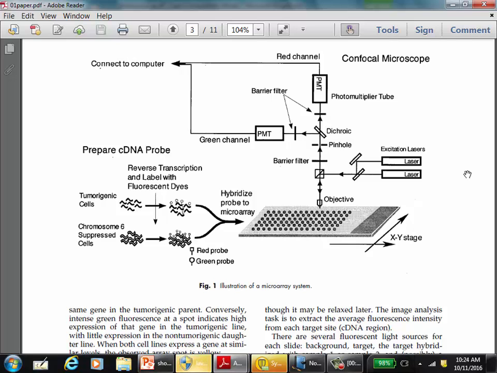Then from the messenger RNA, you're going to use reverse transcription labeling with fluorescent dyes to create red samples, green samples, right? Then you get them to hybridize onto the microarray. Wash it off. Whatever has not hybridized, wash it off. And then you're going to use the green light and the red light to get your image, right?